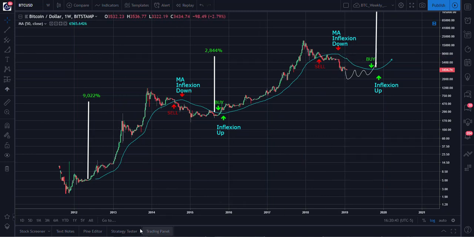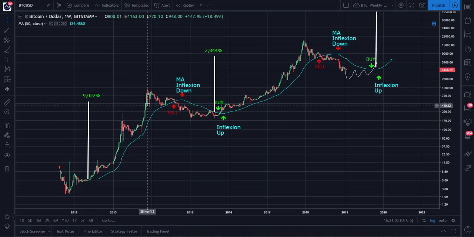Now, if we go back to May of 2012 and say we bought when price crossed to the upside of the 50-week moving average and held it. So yes, we held it through this up and down, this sizable correction.